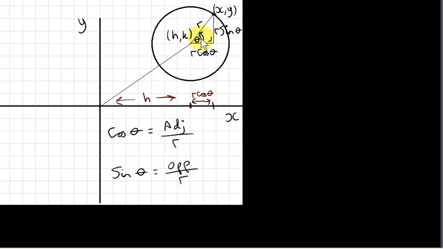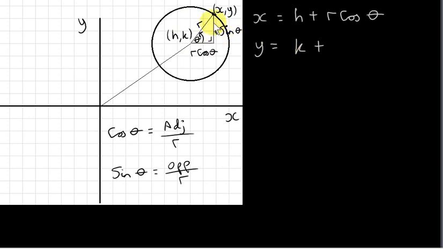So it's easy to see that when theta is an acute angle, x is equal to h plus r cos theta. Similarly, we can find y in terms of r and theta. The distance from here to here is k, that's the y value of the center. And if we add on r sine theta, we will have the y value of this point. So y is equal to the y value of the center plus this side of the right angle triangle.